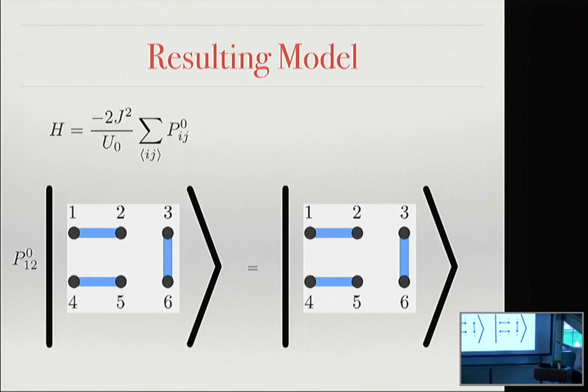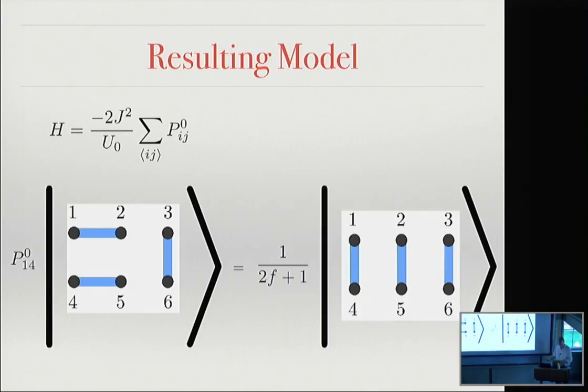So these are summing over all nearest neighbor terms. If I look at, say, a nearest neighbor term on sites 1 and 2, the state I wrote down already has a singlet on 1 and 2, so this is an eigenstate. Great. What happens if I instead act on 1, 4? After acting on 1, 4, I have to end up with a singlet there. It's a projection operator.